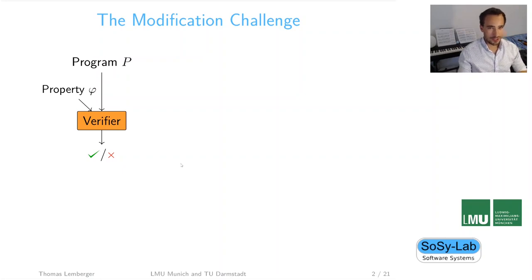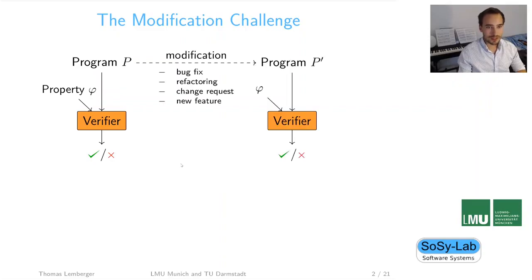Now we are software developers, and this means that our software develops. So we do have some modification to our program after some time, for example, a bug fix, some refactoring, a change request, or some new feature that we implemented. And now we want to check again that the property holds on this new program P prime.